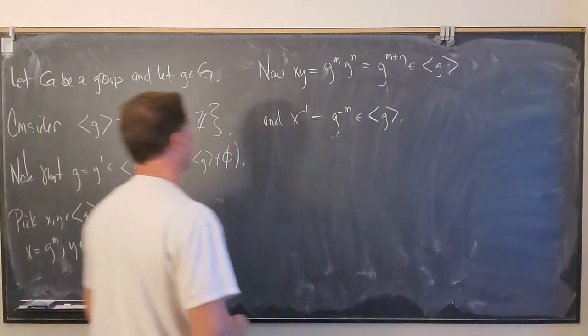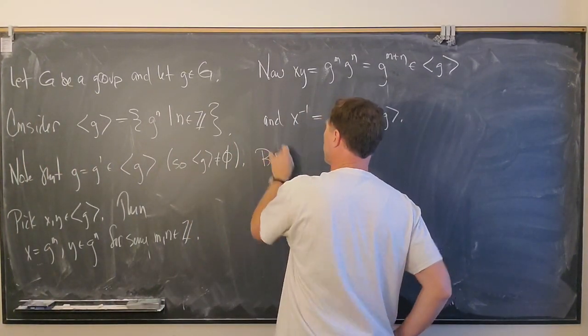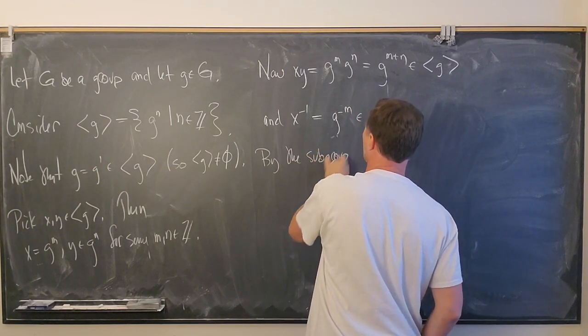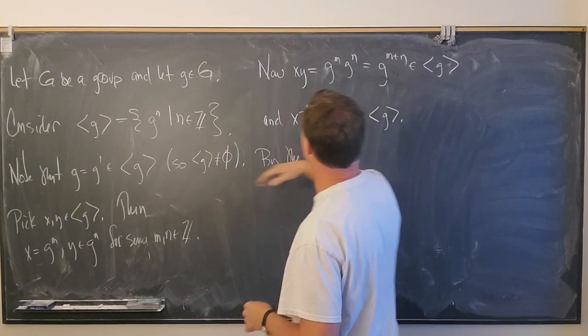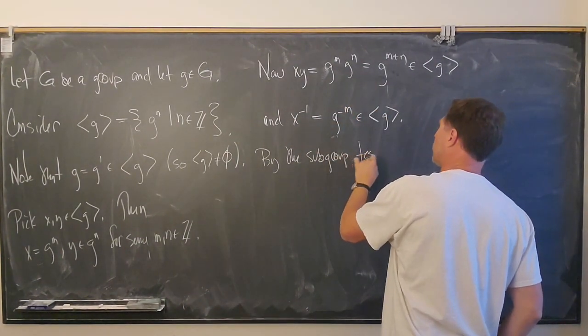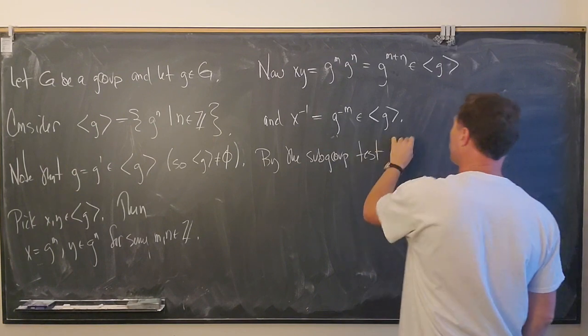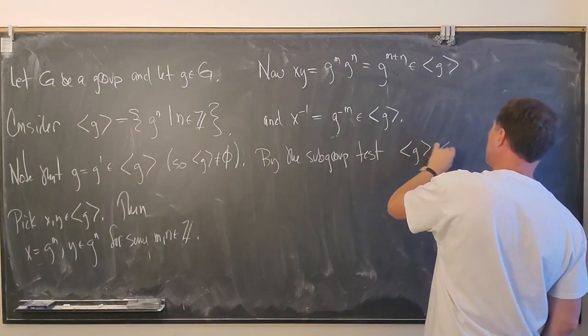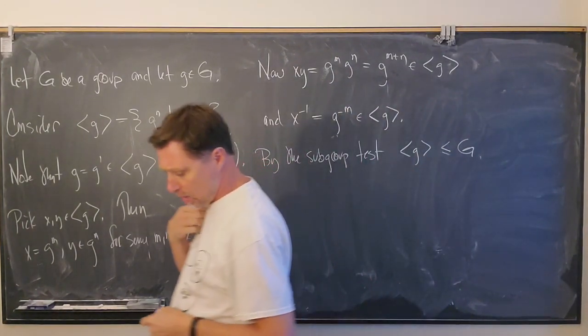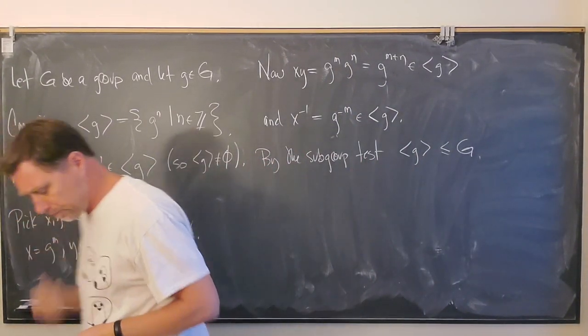So, by the subgroup test, we've got a non-empty set that's closed under multiplication and under inverses. By the subgroup test, angle bracket g is a subgroup of capital G. And this has a special name.